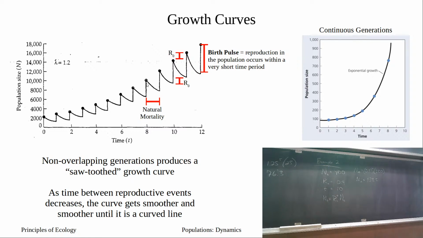And when we do that, we reduce the amount of time where we have our natural mortality. So gradually, as we start shrinking that time between our birth pulses, we start to make our curve appear more smooth, to the point to where we have continuous generations and we have a completely smooth curve.